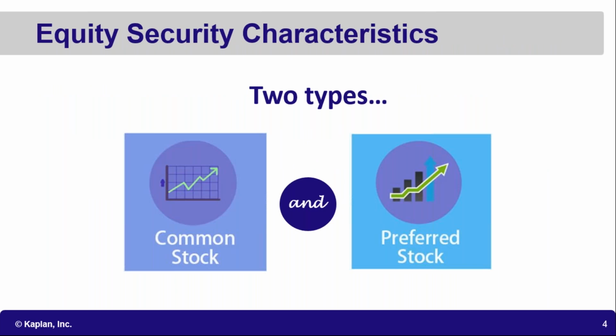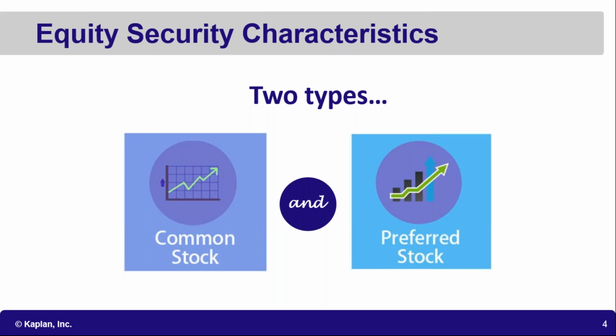There are two types of equity securities out there in the marketplace. We have common stock of corporations, and we have preferred stock of corporations. Common stock is the most common type of stock out there in the marketplace. That's why they call it common stock. All corporations sell common stock. Not all corporations sell preferred stock. They can, but they don't have to.